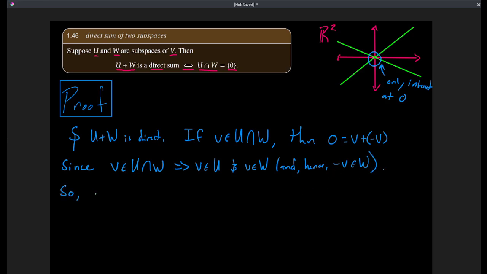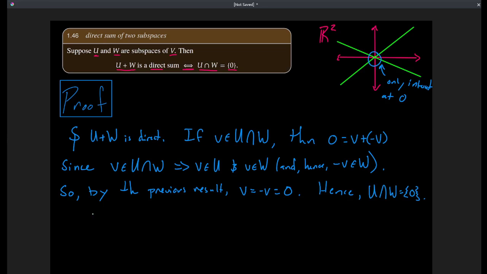So, by the previous result, we have written 0 as a sum of things. V equals negative V equals 0. Oh, okay. Hence, since we've said pick anything in the intersection, oh look, it's 0. The intersection is precisely equal to the set with only the 0 vector in it.